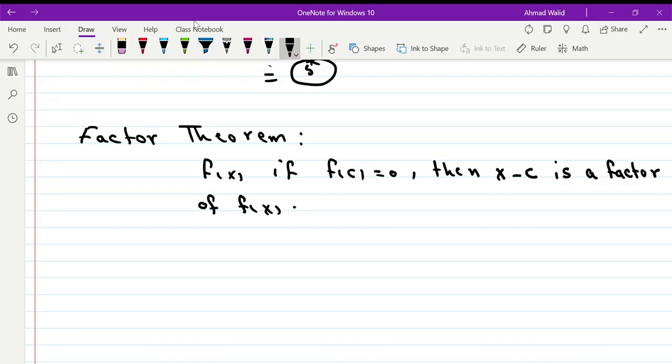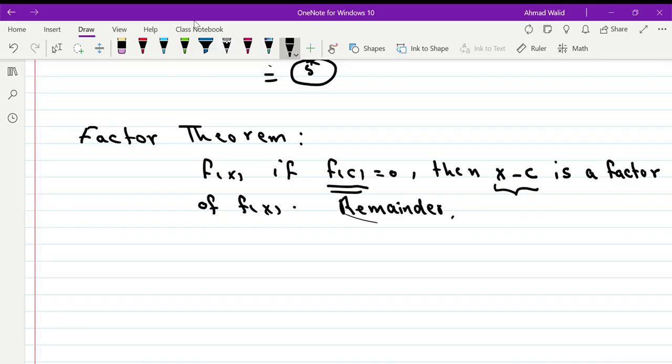I talk here in algebra language. Now I'll explain it to you. f of c is your remainder. If your remainder becomes 0, then x minus c, which is your divisor, is a factor of the polynomial function f of x.